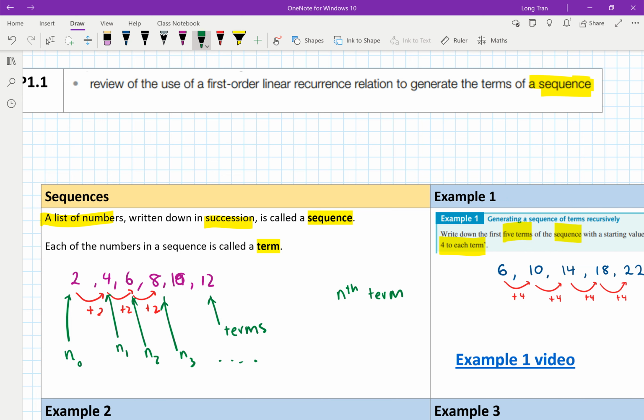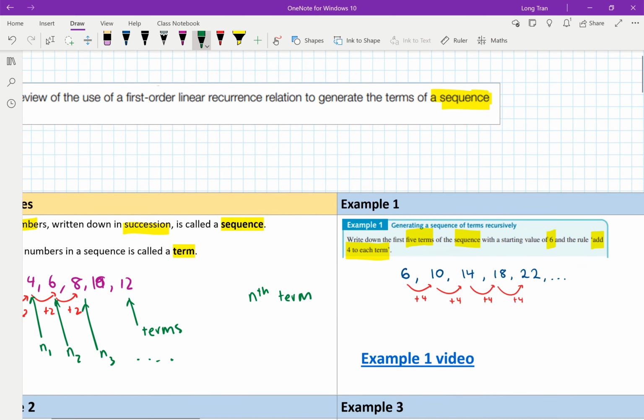That's it. So in this example over here, if you have a look at example 1, which I've already done, I've got an example video there. They ask you to write down the first 5 terms. What is a term? It's any of those items there. They want you to start the sequence, which is a series of numbers that follow one after the other, starting with the value 6. And the rule is add 4 to each of them.